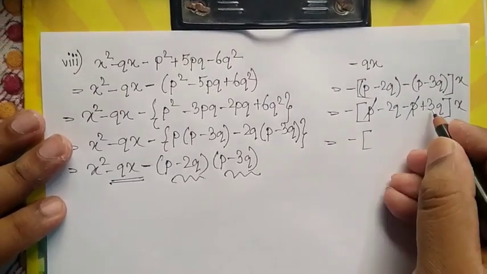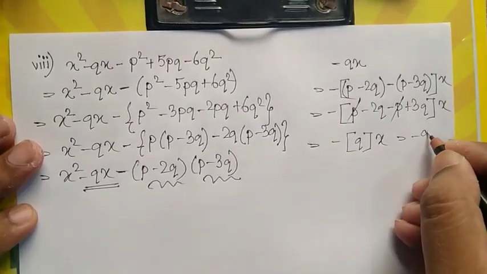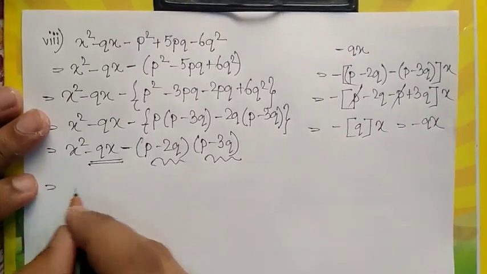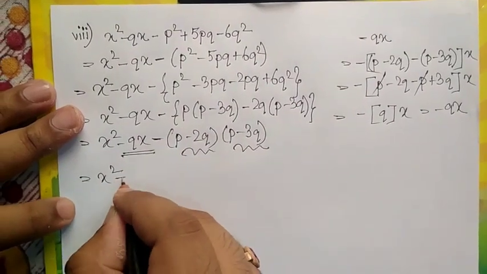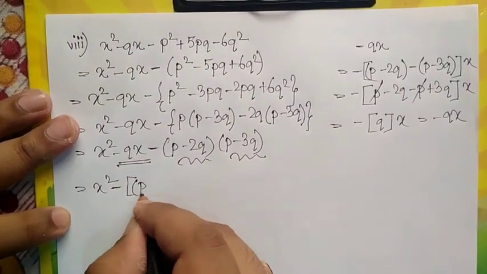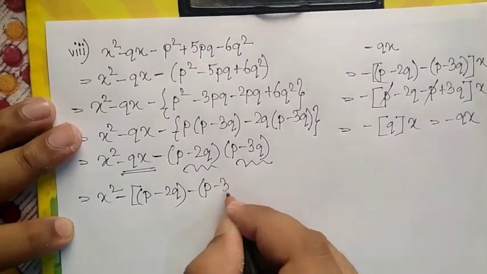Minus 2q plus 3q is q, into x. So therefore in the place of minus qx we can write p minus 2q minus p minus 3q.